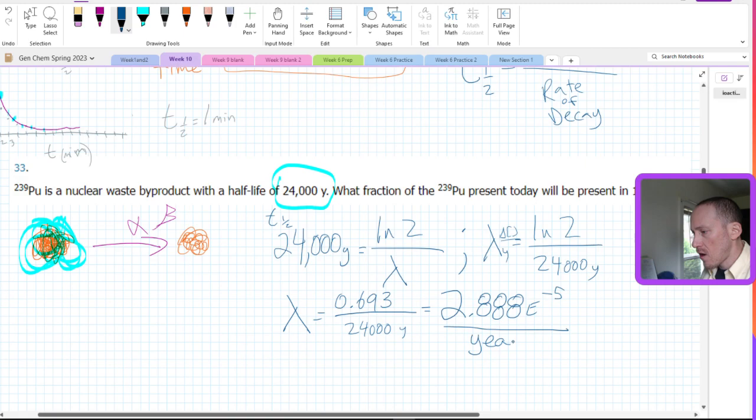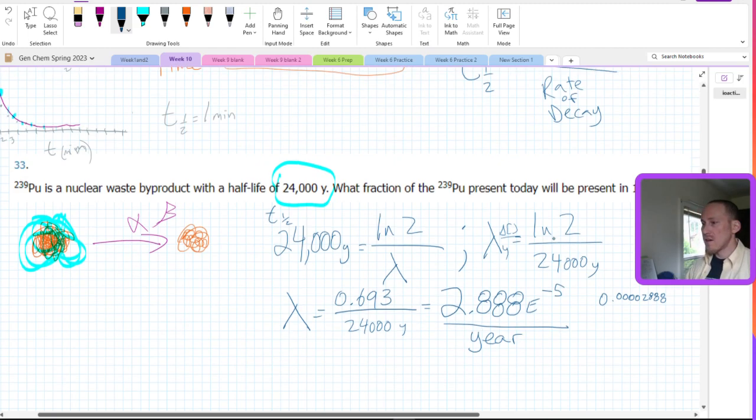So out of 100% that you start with, you lose that much per year. And if you think about it, it makes sense. That's what chunk of itself out of 1 you lose per year. So it makes sense that it takes 24,000 years to lose a half. So that is the decay rate.